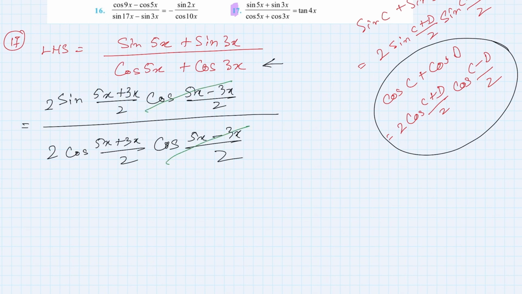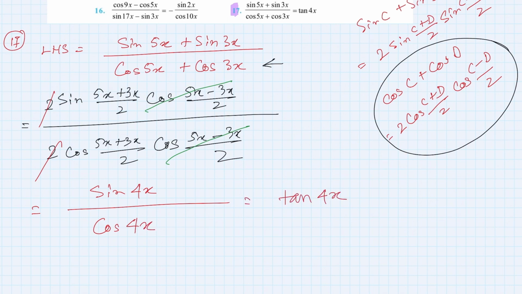Here these two are the same, so we can cancel directly, and the 2s also cancel. Now sin of (5x plus 3x) divided by 2, that means 8x by 2, 4x, so sin 4x. Here we will get cos 4x, and that's equal to tan 4x, because sin by cos is tan, isn't it? So this is the right hand side, hence it is proved. It's very simple.